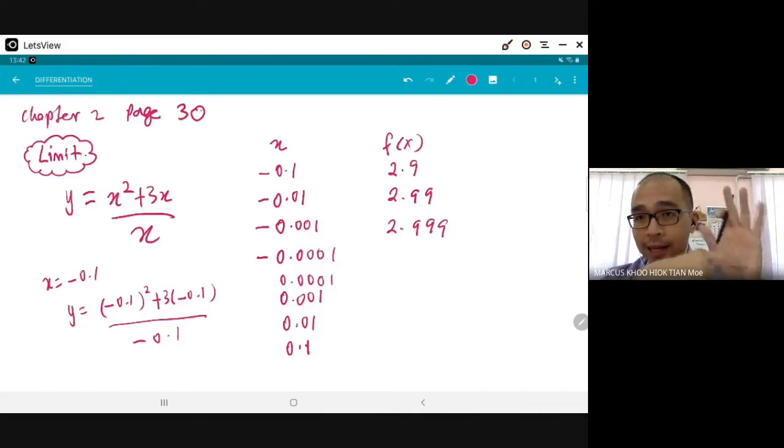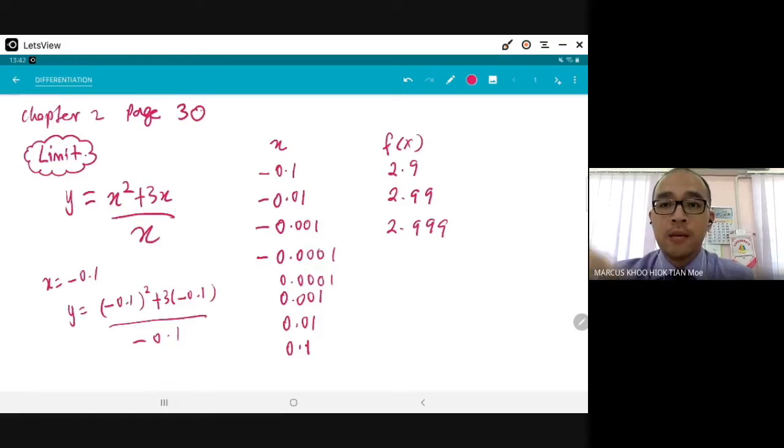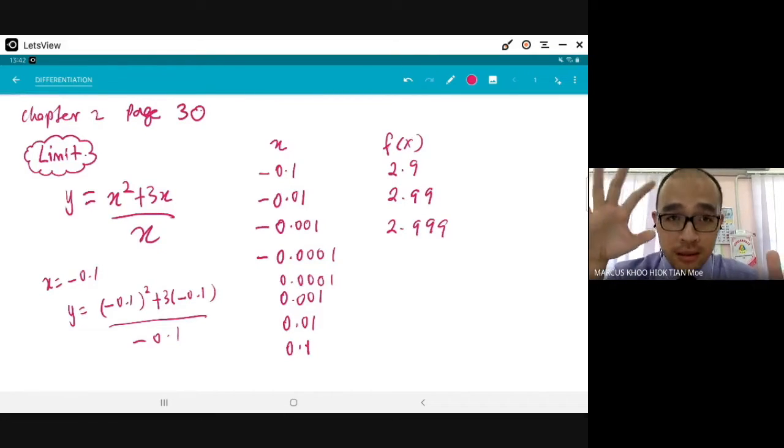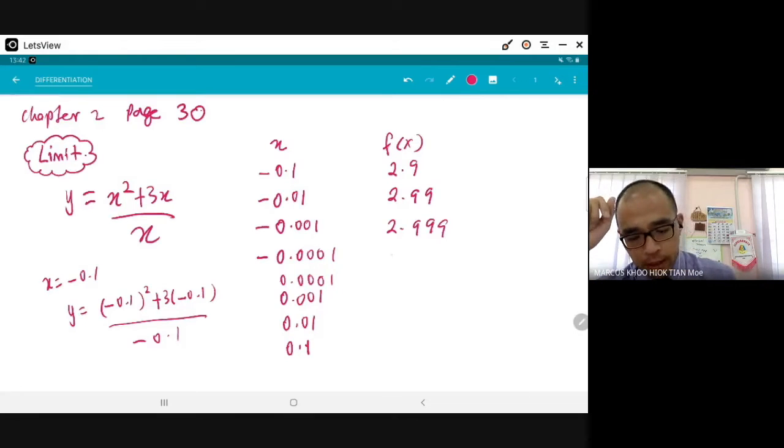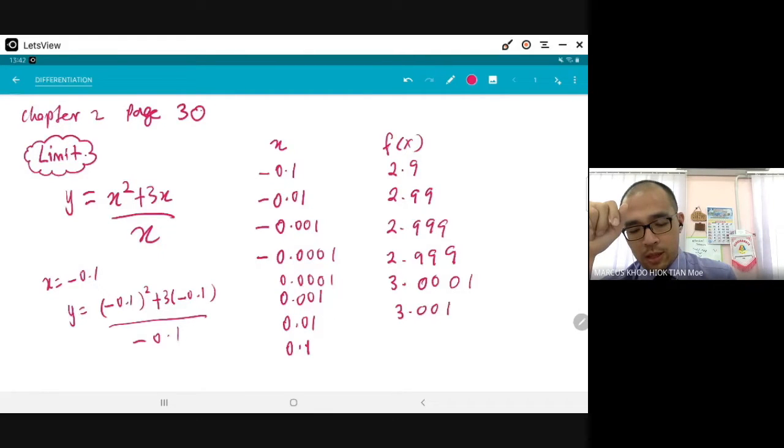Okay, you calculate, ini yang kamu akan dapat. But because we are doing PDPR, saya tidak masalah mau tunggu kamu calculate, you just dengar dahulu apa saya cakap. So this is 2.999. Kalau dia 0.001, it will be 3.0001. And it will be the same, 3.001, 3.01, and then 3.1.